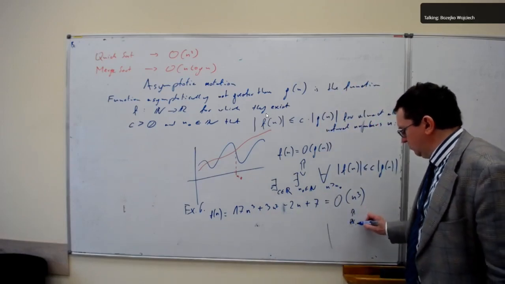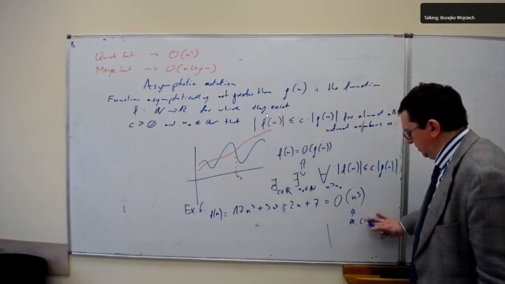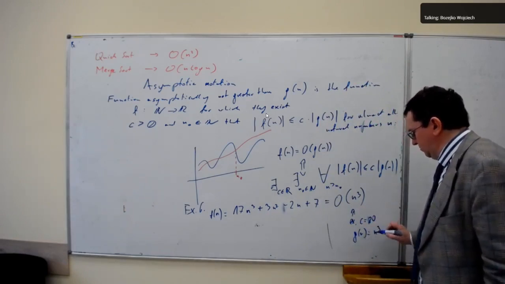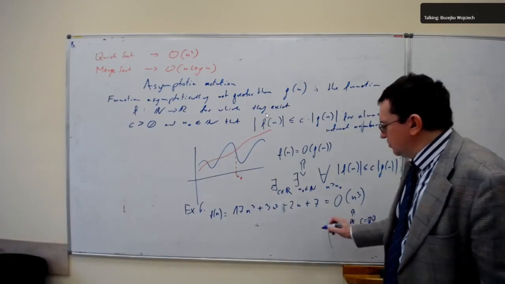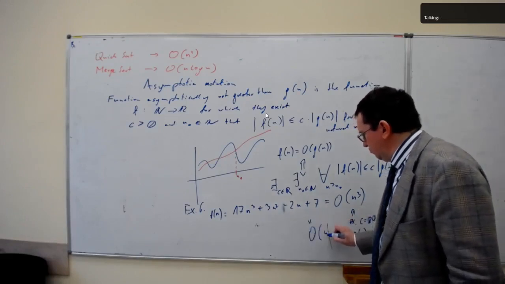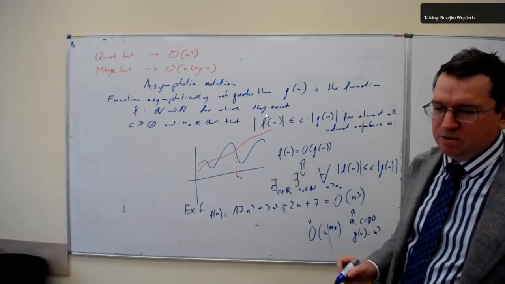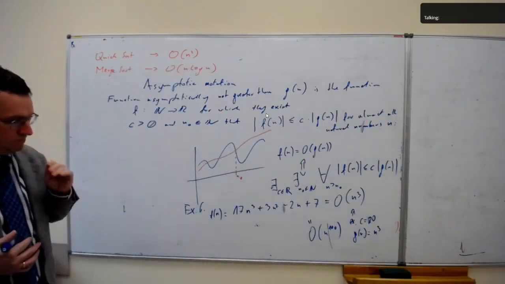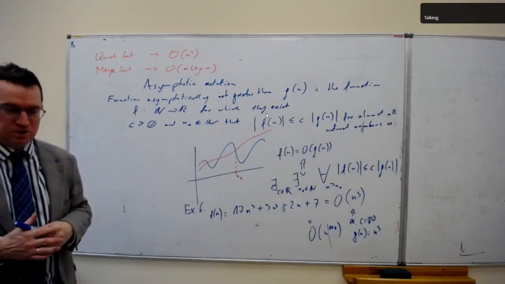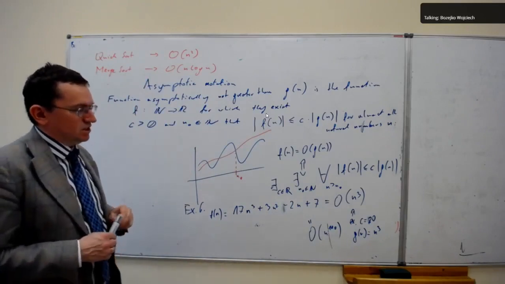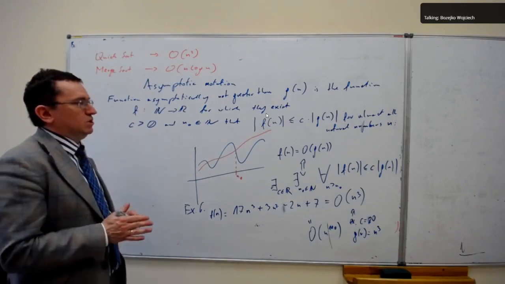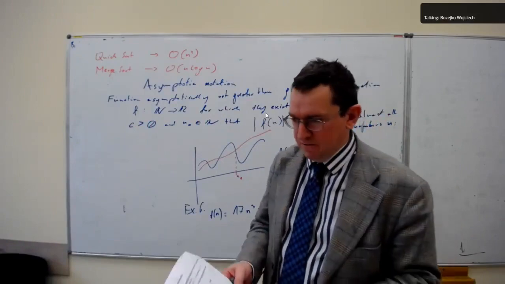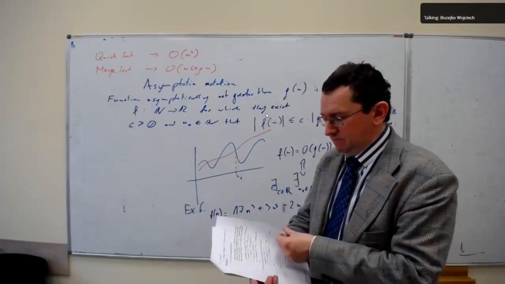For example, c equals 20, and g equals n to the power of 3. In fact, we can also write that this is big O of n to the power of 100. This is also true, but big O notation is not the smallest approximation. Such an exact approximation is defined by another notation, which is called theta.